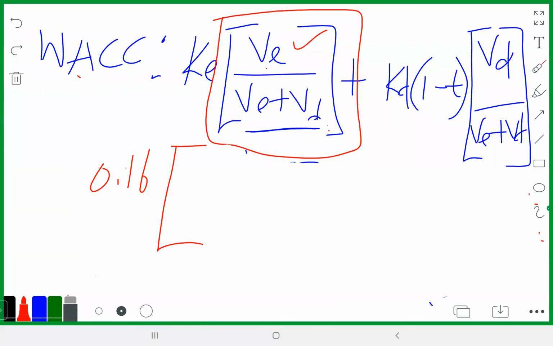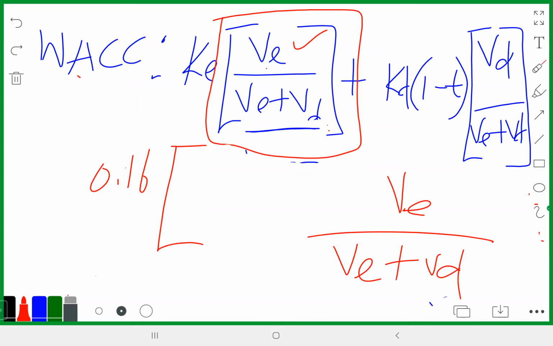This is what is called the weight, okay? The market weight of equity. Is that clear? So when they say the market weight of equity, they are simply referring to this expression, VE over VE plus VD.